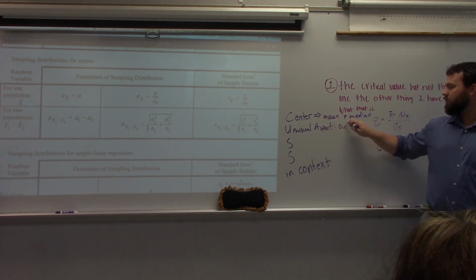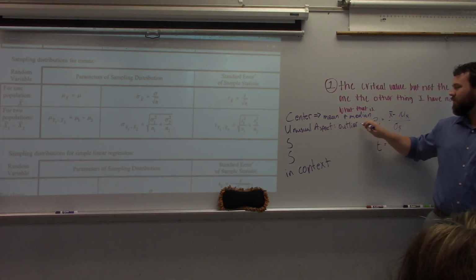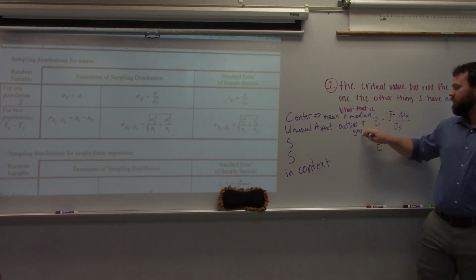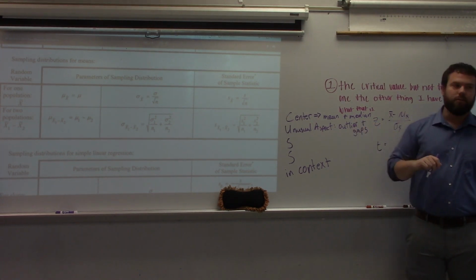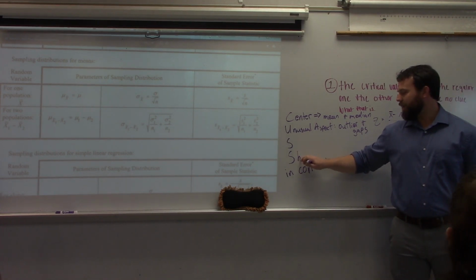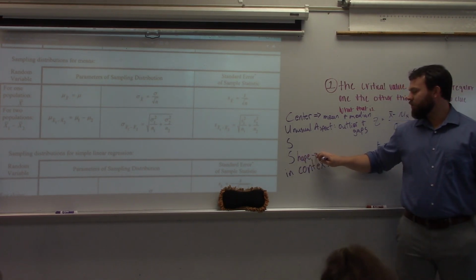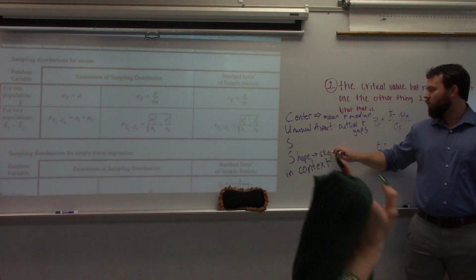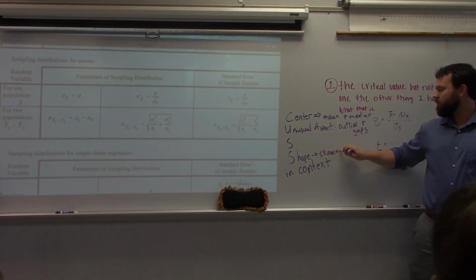Outliers. Not skew. Gaps. Where would skew fall? Under shape. So under shape, we could have skewness or what?